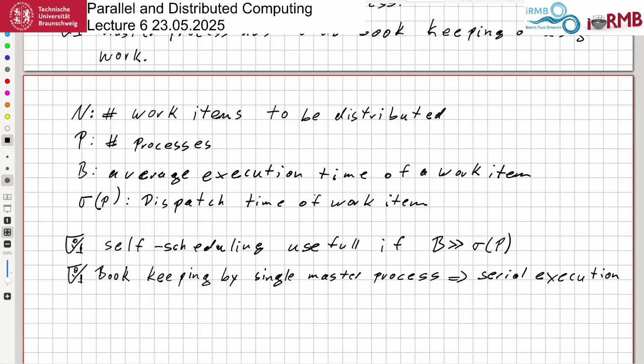And nowadays, this becomes a pressing issue because we are using these NVIDIA graphic cards that have hundreds of thousands of processors. And now it becomes really a question, what happens if we distribute the work in a very, very finely granular way.